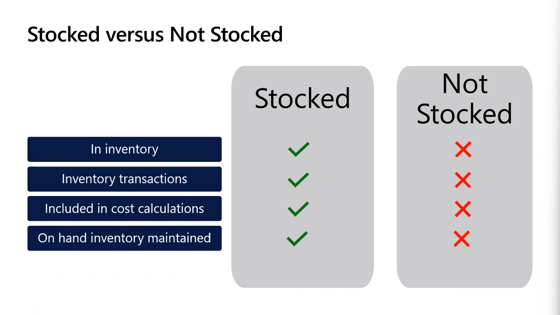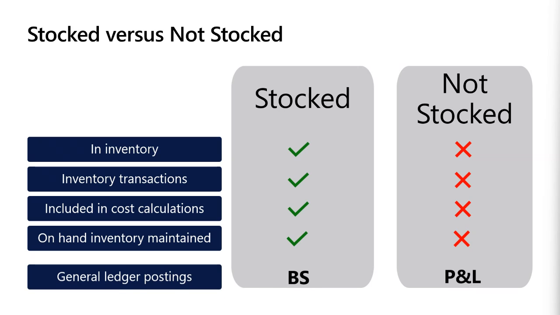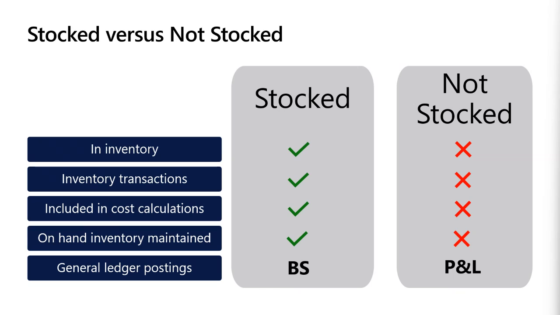Next, it's important to note that on-hand quantities can also be maintained for stocked products, but not for not stocked products. Lastly, I want to note that the general ledger postings for stocked and not stocked products are different. Stocked products are typically posted to an asset account in the balance sheet on the general ledger, while not stocked items are expensed to the profit and loss statements.